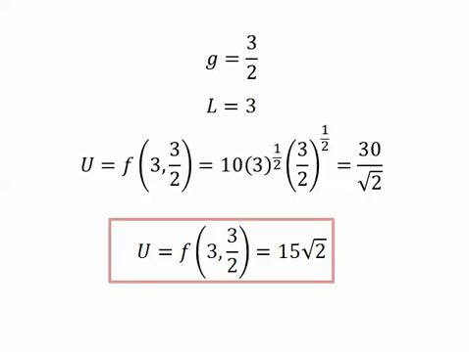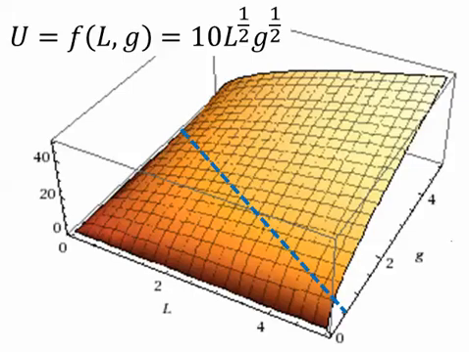I'd like to talk a little more about what's going on here. First, I'd like you to look at the surface of the utility function. So this is the utility function viewed as a surface, where I have L and G in the horizontal plane. The dotted blue line is the constraint that was given to me.